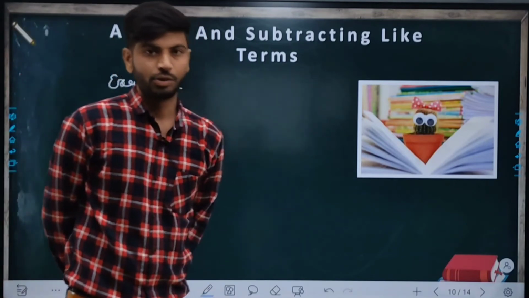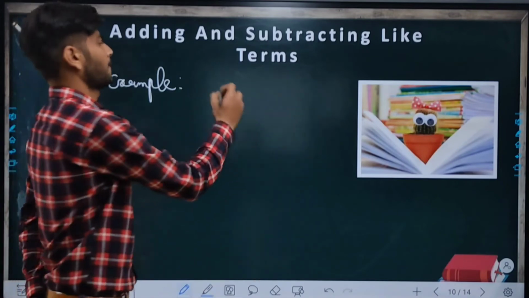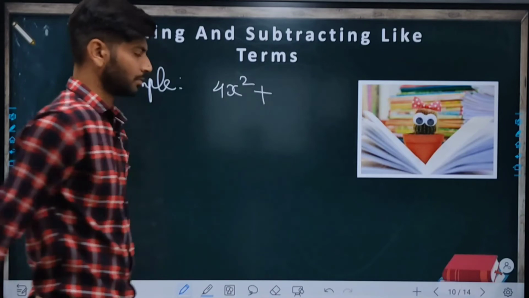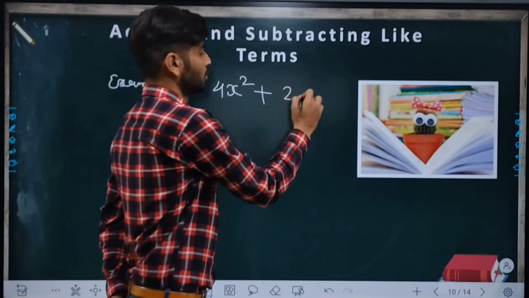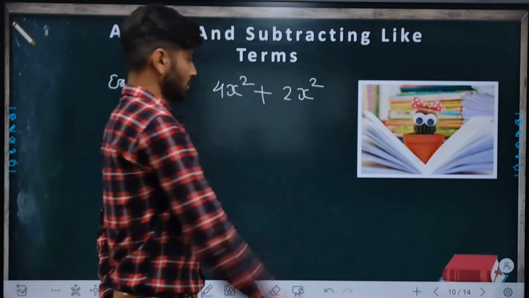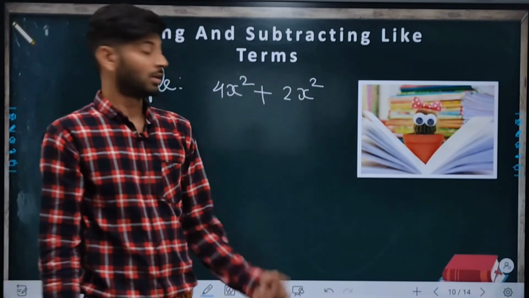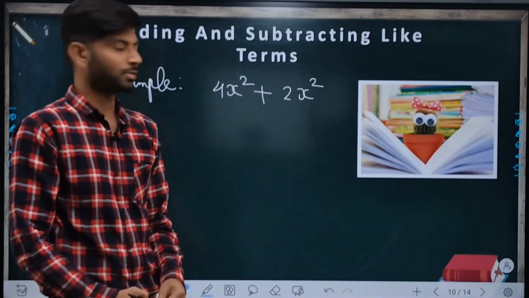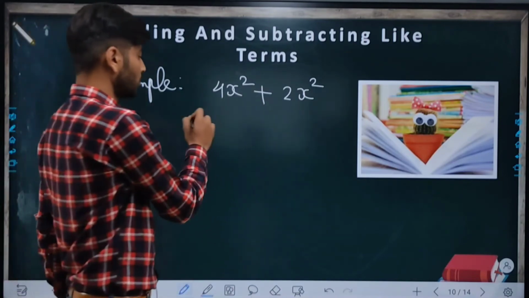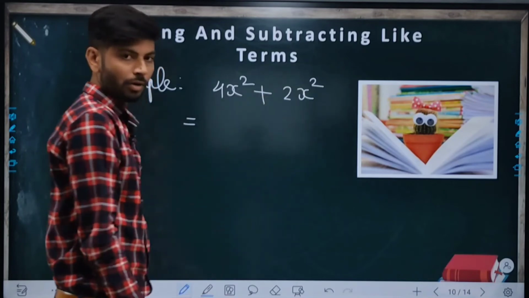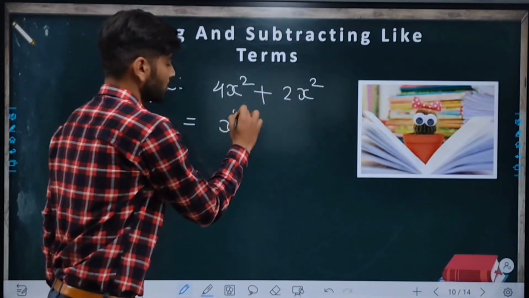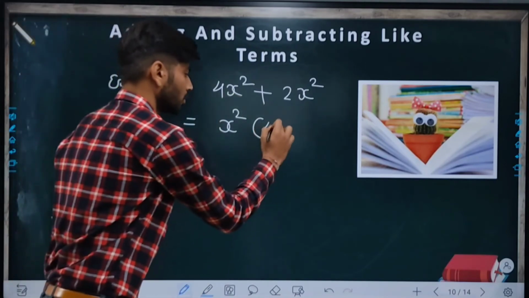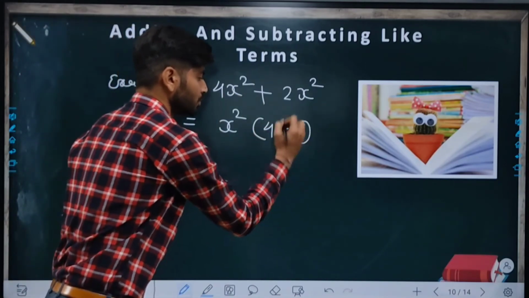We will take two like terms, say 4x square plus 2x square. Now you can see it is x square and here it is also x square. So x square is common, so you can write x square and what will remain? 4 plus 2.